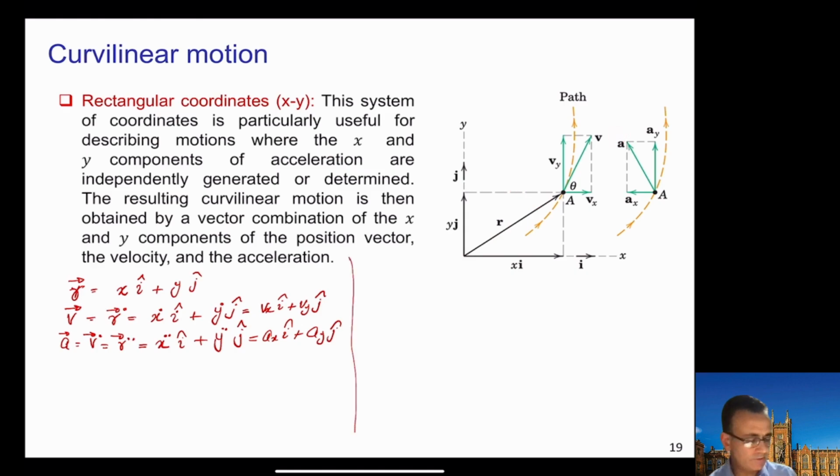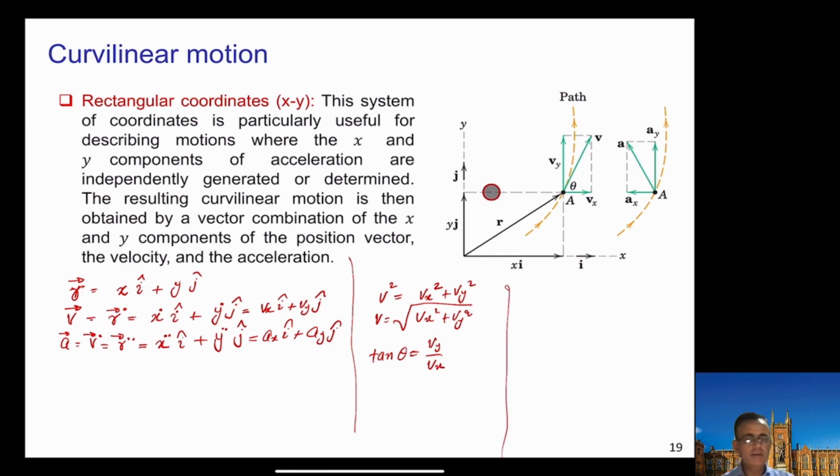Now you can also calculate the magnitude of the velocity from its components, which is vx squared plus vy squared. So from here you can calculate v, which is the square root of vx squared plus vy squared, and you can calculate this angle here, which is tangent theta equal to vy divided by vx.